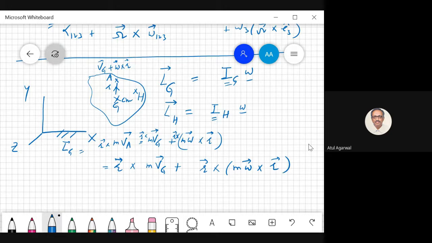If you sum it over all the particles, basically you are doing sigma m i r i cross V G.